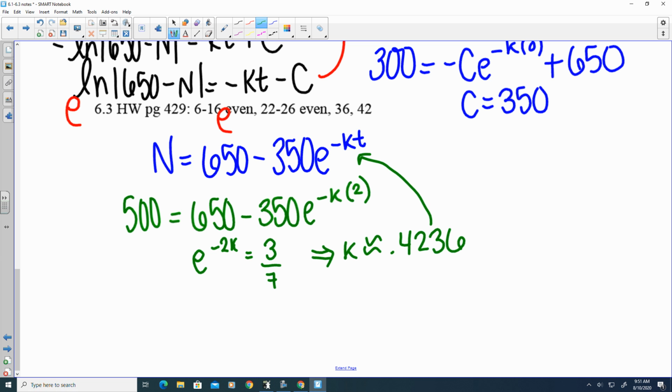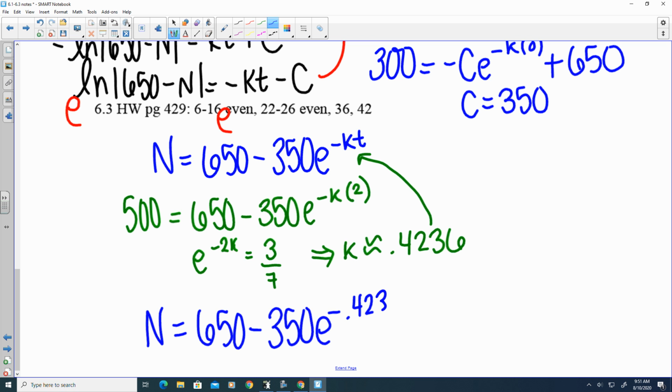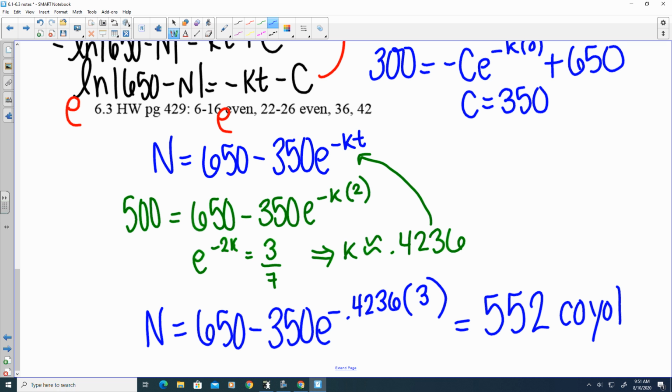So plugging that back into the blue equation that we have here, and we're trying to find out when t is 3, so I'm going to plug both of those in at the same time to save us a line of writing. And 3, rounding to about 552 coyotes.